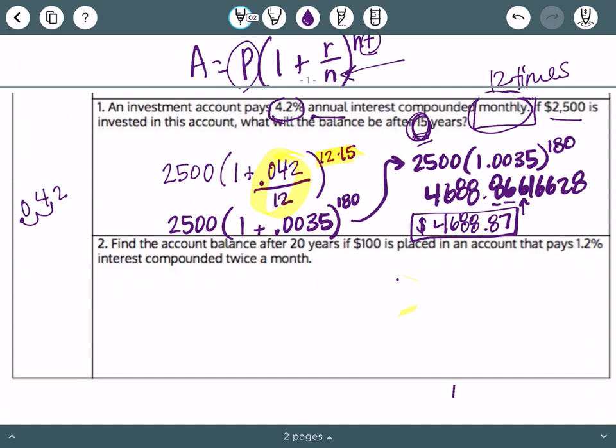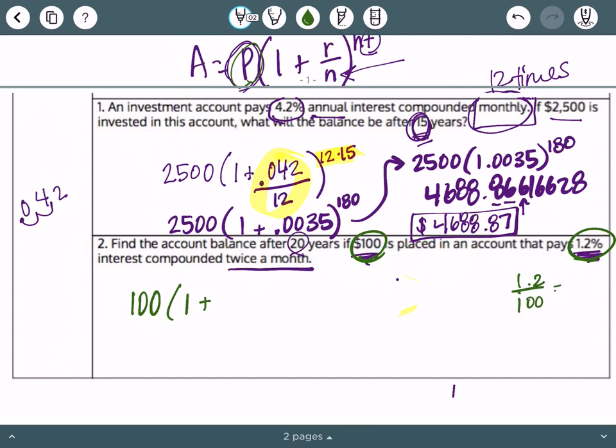So number 2 says find the account balance after 20 years if $100 is placed in an account that pays 1.2% interest compounded twice a month. All right, so I start with the thing that I start with. So it started with $100, and I had 1, and it's growing at a rate of 1.2%.